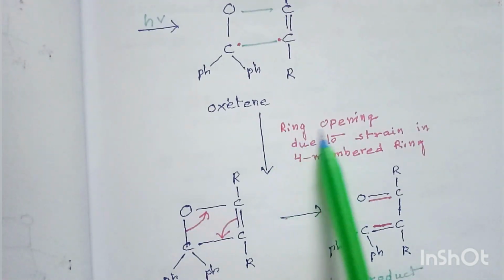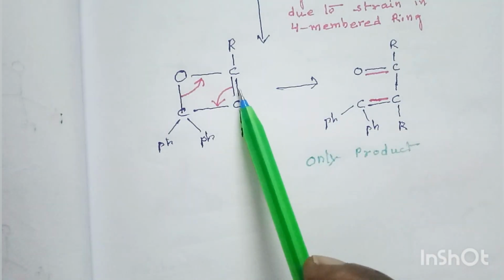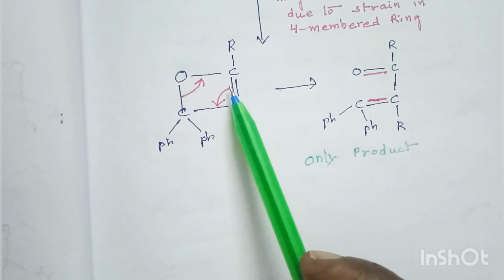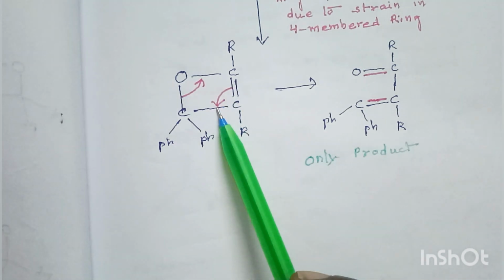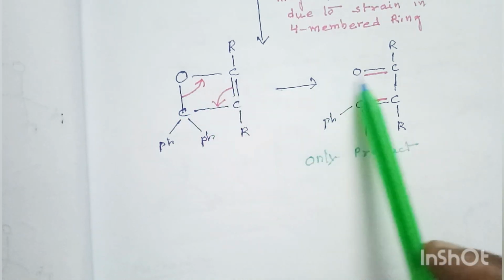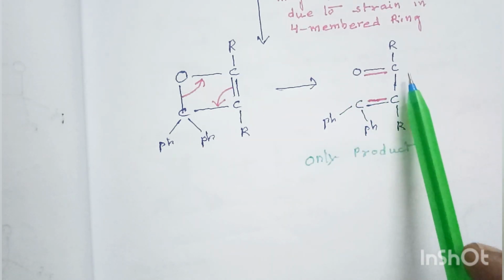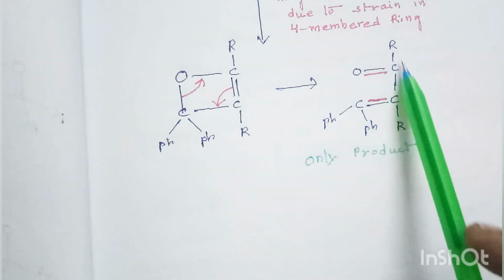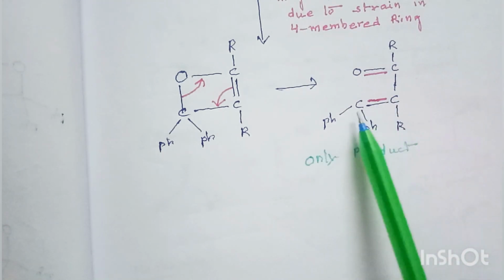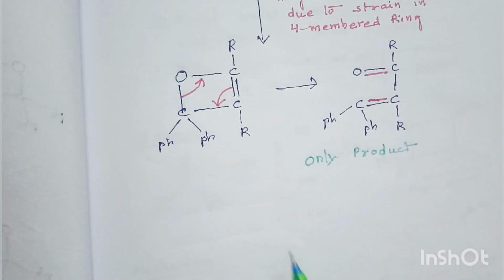So ring opening occurs, as a result of which this double bond, one of these bonds shifts here and this bond shifts here, as a result of which we get O double bond C and R, single bond C, C double bond C, Ph, Ph and R. This is the only product in this case.